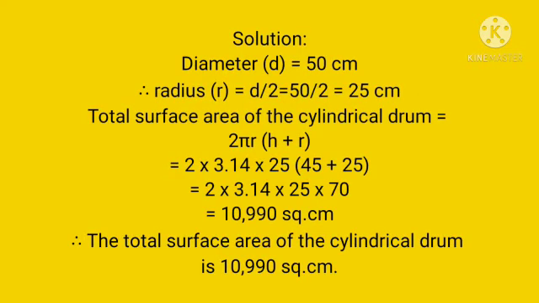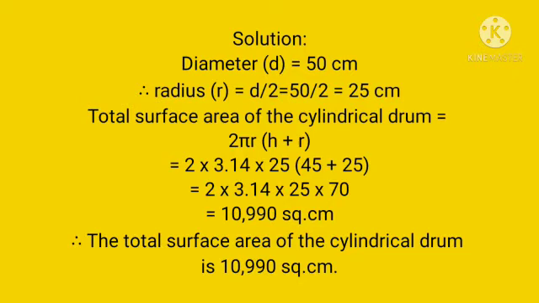Here diameter D given is 50 centimeters. Therefore, radius r is equal to diameter divided by 2, which is equal to 50 divided by 2, which is equal to 25 centimeters.